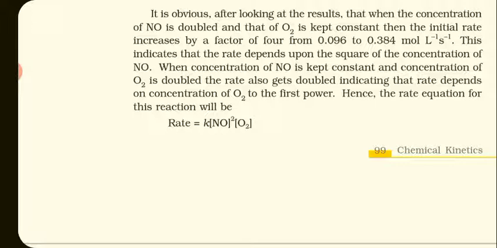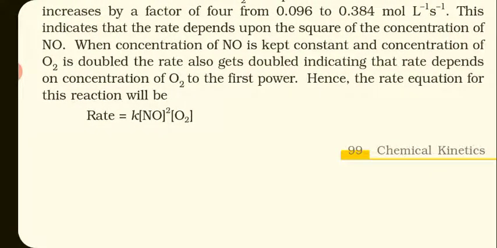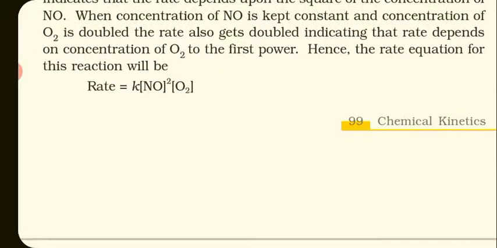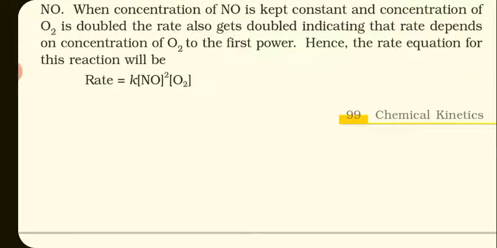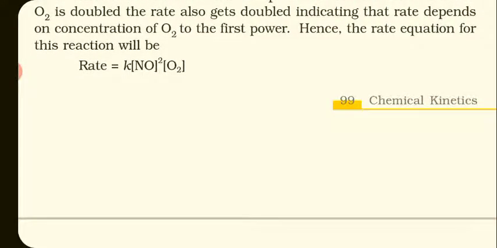When the concentration of nitrogen monoxide is kept constant and the concentration of oxygen gas is doubled, the rate also gets doubled, indicating that the rate depends on the concentration of O2 to the first power.